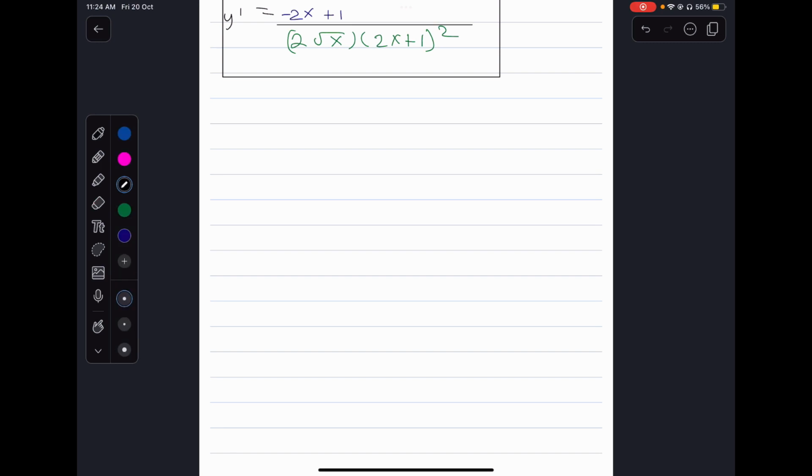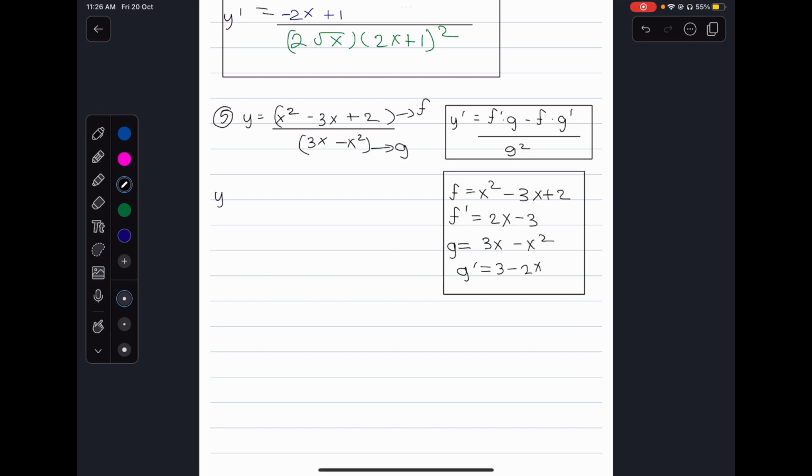Question number 5 states that y is equal to (x squared minus 3x plus 2) over (3x minus x squared). We need to plug in these values in our quotient rule formula.